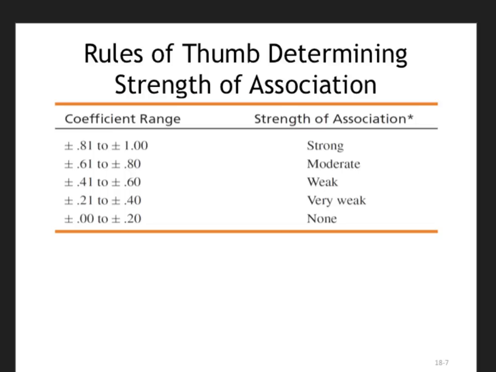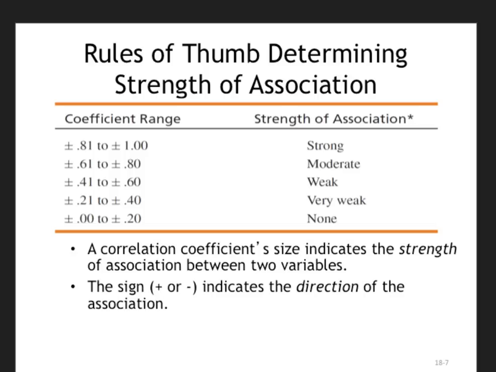Those correlations that fall between +0.8 and +0.61 or -0.61 and -0.8 are moderate in strength. Those that fall between +0.41 and +0.6 or -0.41 and -0.6 are weak. And thereafter, the correlations are either very weak or there is considered to be no relationship.